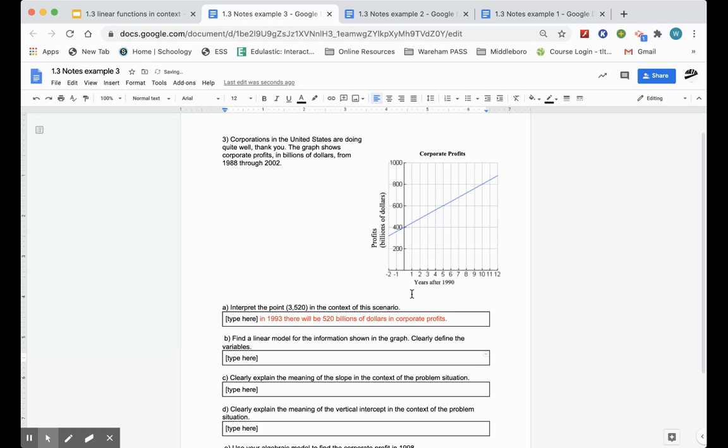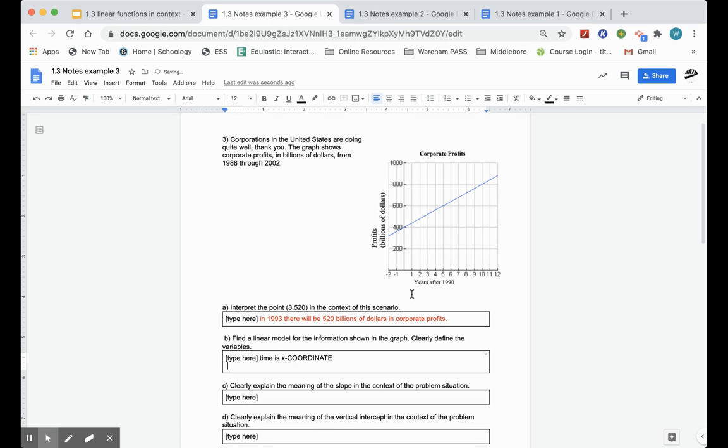First of all, time is the independent variable, the x coordinate, and profits, remember, that's in billions of dollars, is the y coordinate.